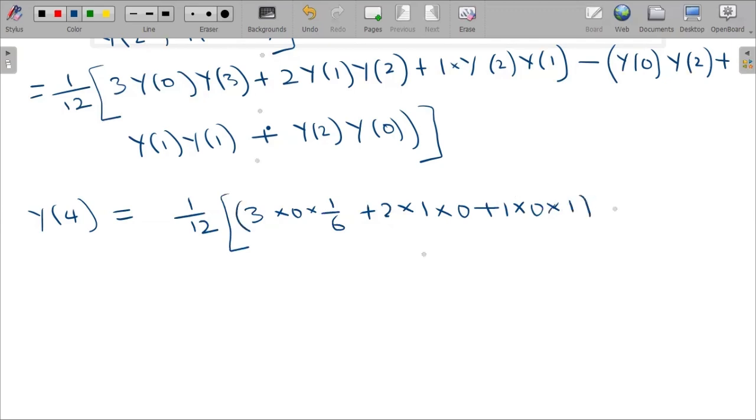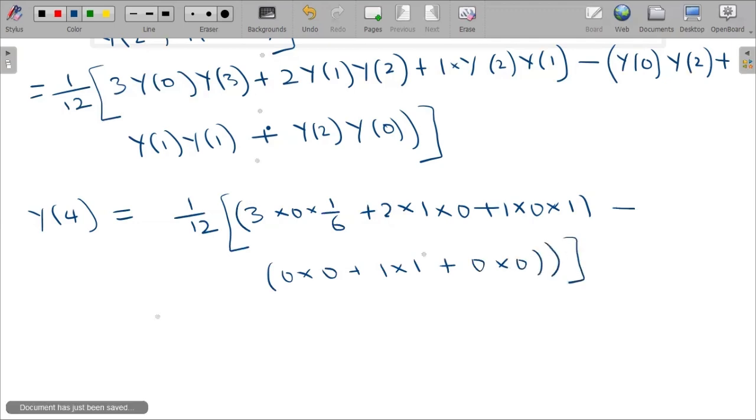Then for the second term, we have 0 times 0 plus 1 times 1 plus 0 multiplying 0. So this will yield 1 over 12 multiplying. By the time we open the bracket for the second nonlinear term, only this will remain as negative 1. So our y of 4 will be negative 1 over 12.